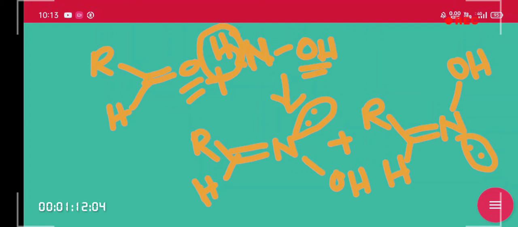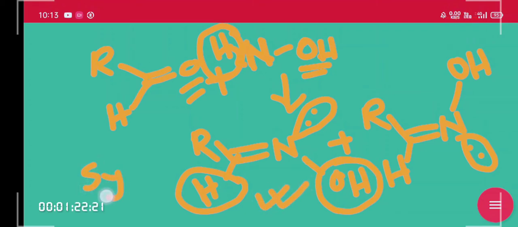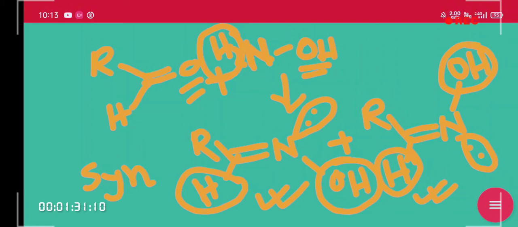Then syn or anti nomenclature is done with respect to this H and OH. If H and OH are on the same side as here, it is called syn. That means same side. And in this structure, H and OH are on opposite sides. Then it is called anti.